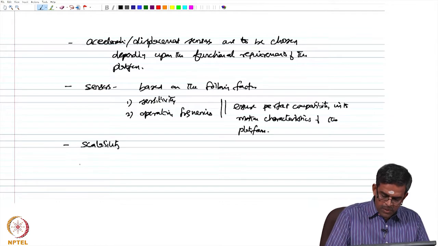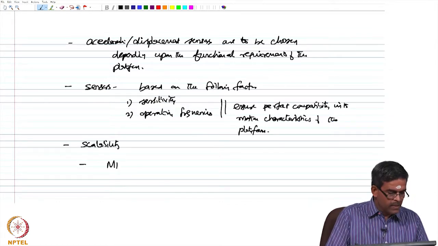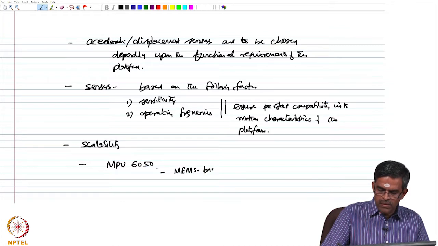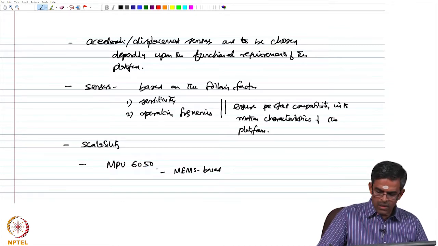So, the sensor adopted in this case is MPU 6050, which consists of a MEMS based accelerometer and gyroscope module.